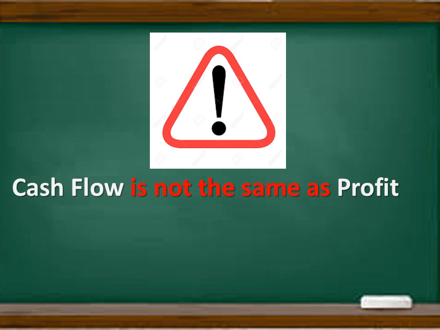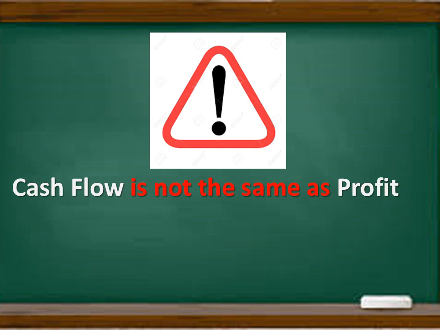Important to remember, cash flow is not the same as profit. There might be a scenario where there is a profitable business but it does not have good cash flow. This can happen. This is a sign of lack of good management practices. That if a business is profitable, it may still not have cash.